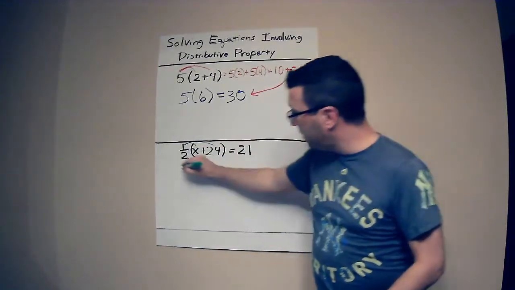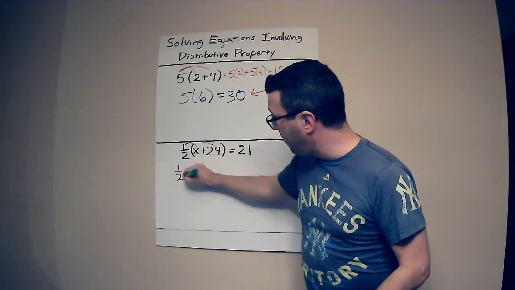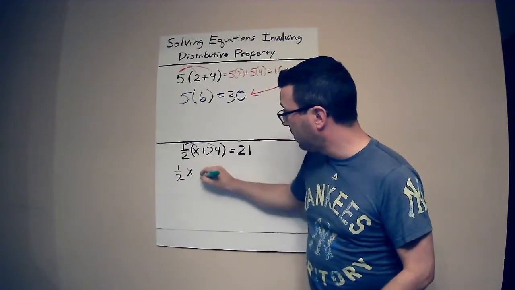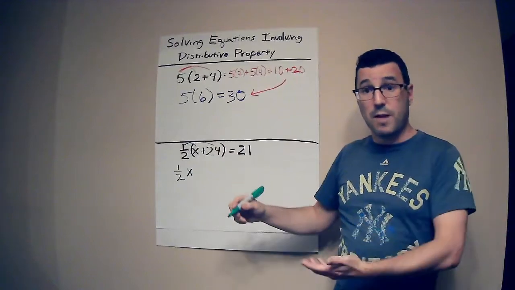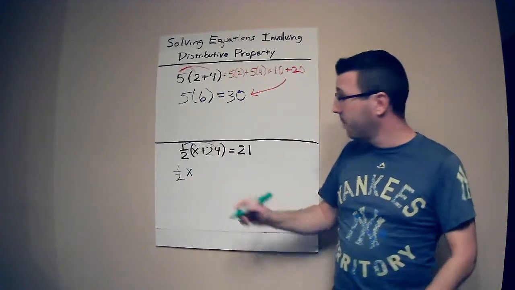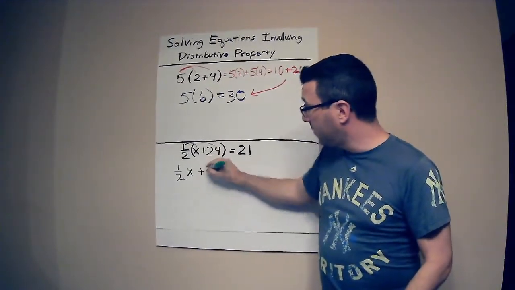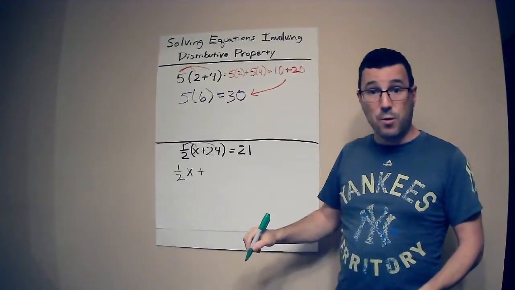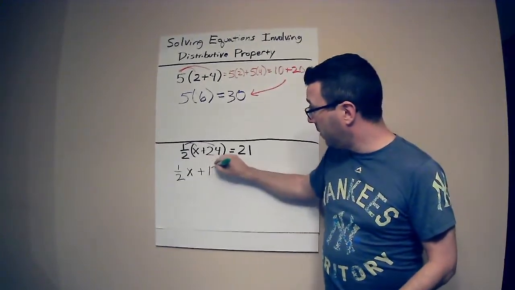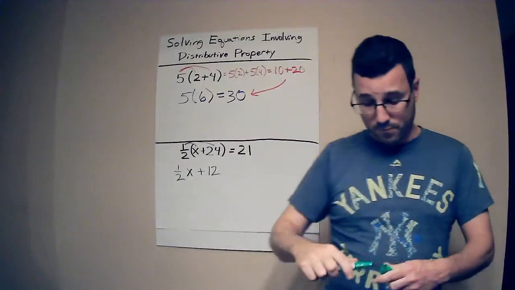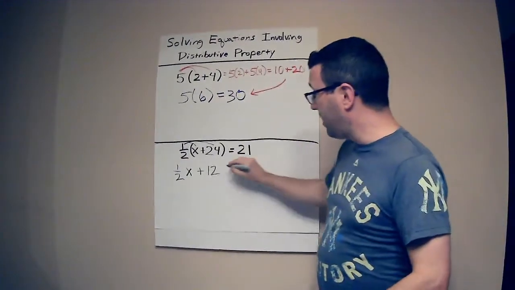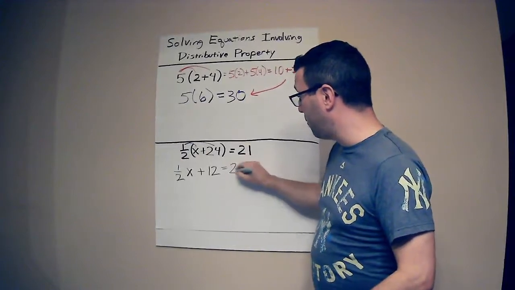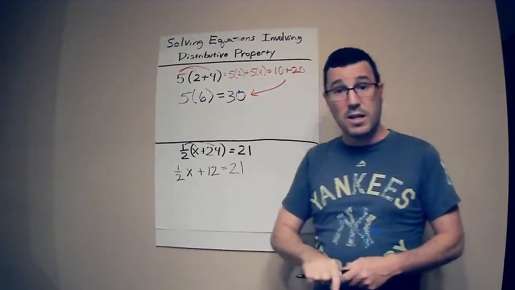When we do this, we get 1/2 x, because when we have a number times a variable we just put them together, plus half of 24, which is 12. Nothing happened to the 21, so we're just going to put equals 21 and keep that as is.